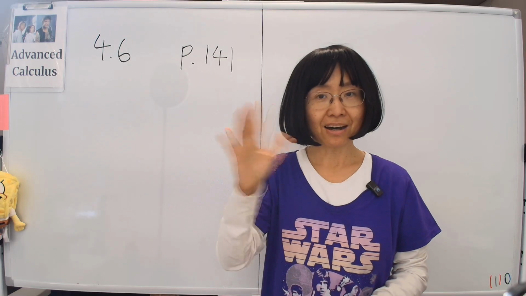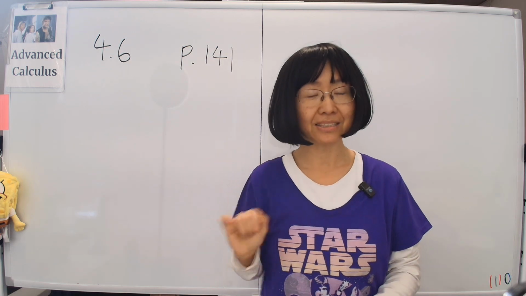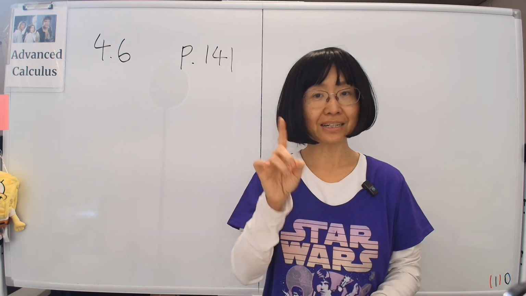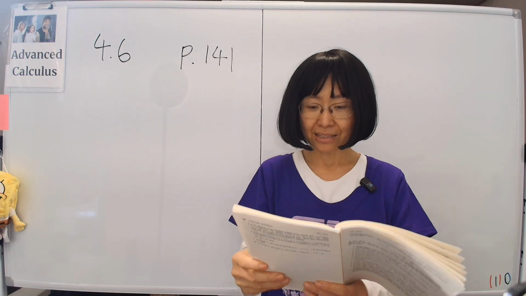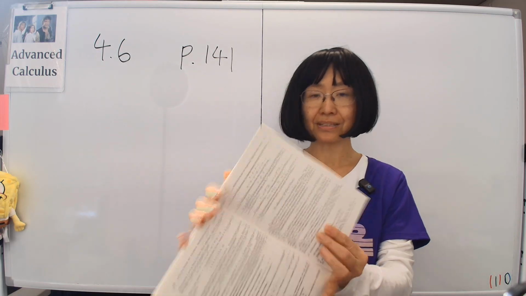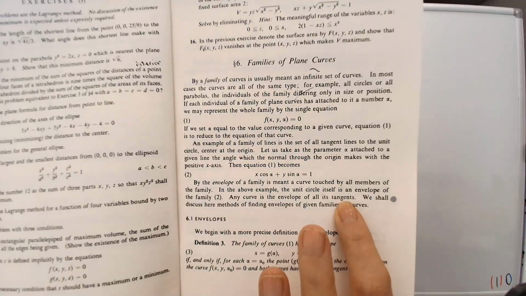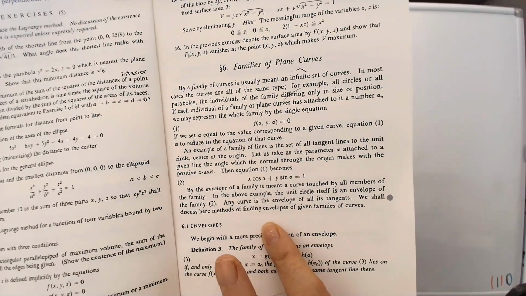It touches all the tangent lines, and therefore the unit circle is the envelope of the collection of tangent lines that we just mentioned. In general, please notice this sentence right here: any curve is the envelope of all its tangents. Again, that seems like a fairly obvious fact.